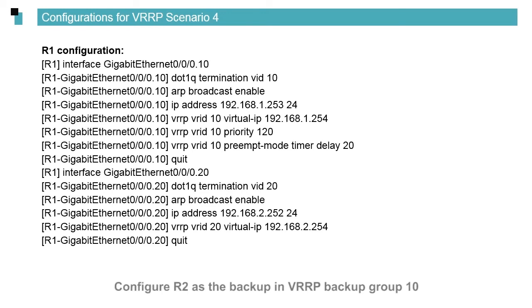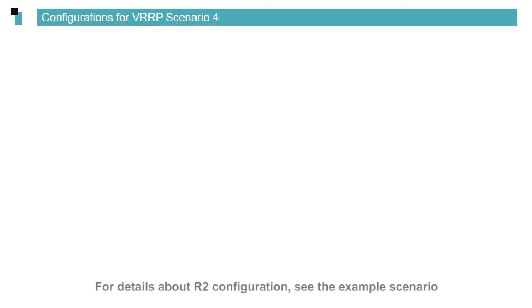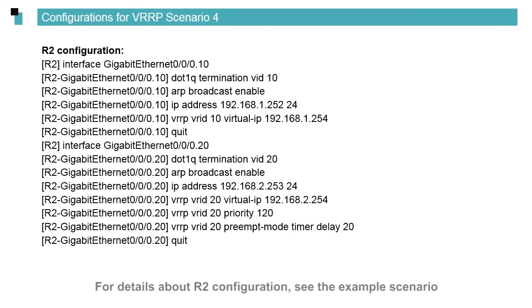Configure R2 as the backup in VRRP backup group 10 and as the master in VRRP backup group 20. For details about R1 configuration, see the example scenario. For details about R2 configuration, see the example scenario.